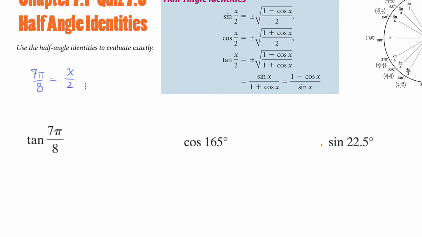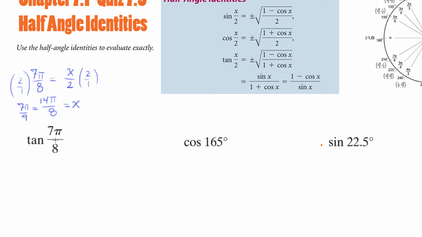And then we multiply on both sides by 2 over 1 to get rid of the denominator, and we get 14 pi over 8 equals x, and that can be reduced into 7 pi over 4.